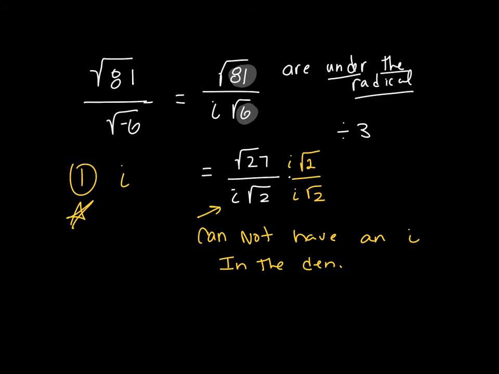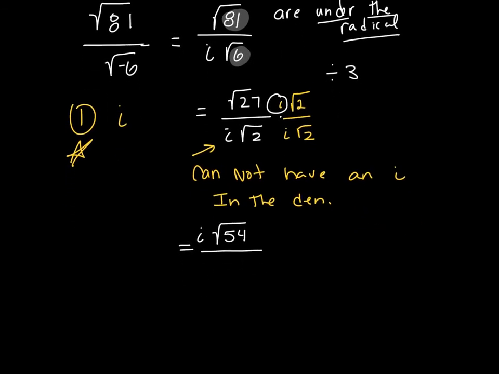So now when I go through and do that, I'm left with 2 times 27 because they're both underneath the radical, which gives me the square root of 54. The i is outside the radical, so that i comes in front.